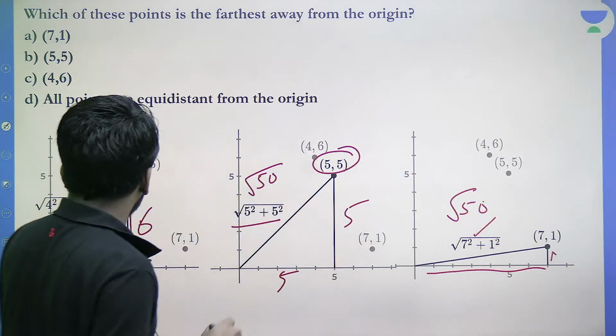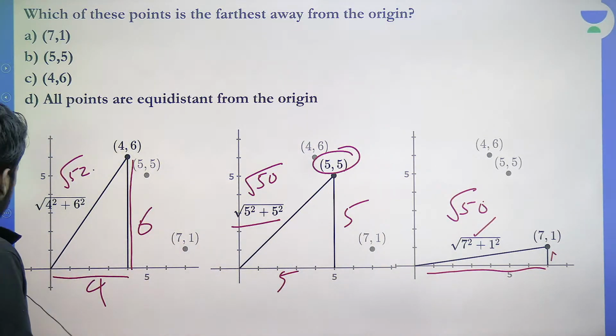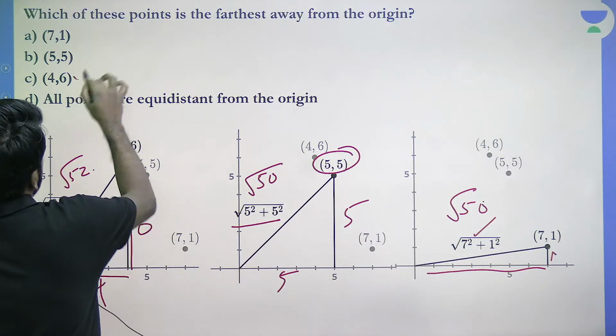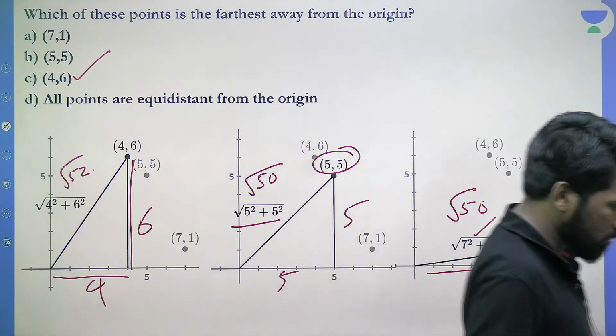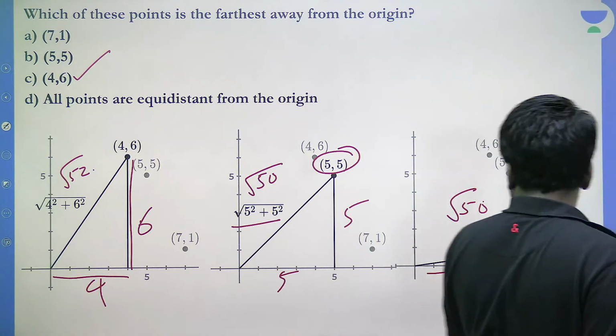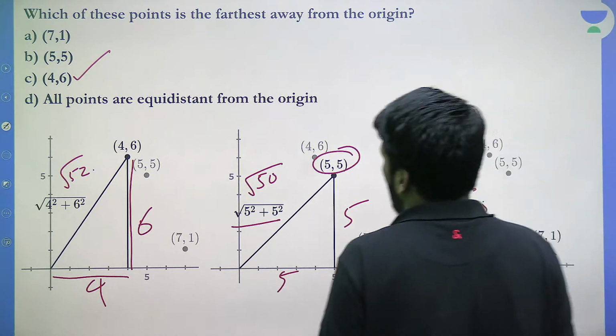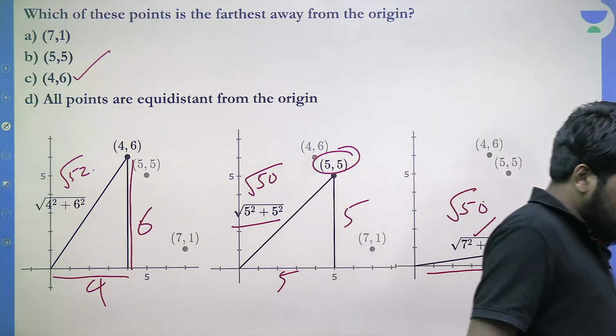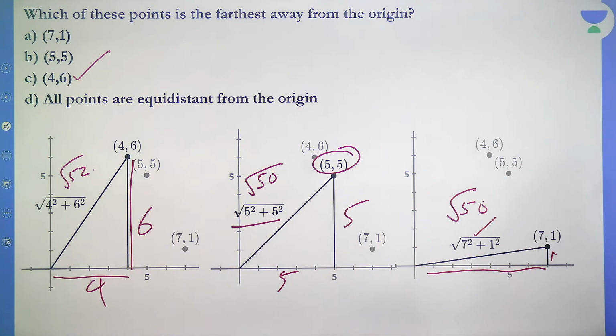So which is the farthest away? 16 plus 36, 52, that is 4, 6. This is the farthest away. Did you all understand? Please respond. Is this clear or not? If this much is clear, let's see more questions from CSIR previous year question papers.